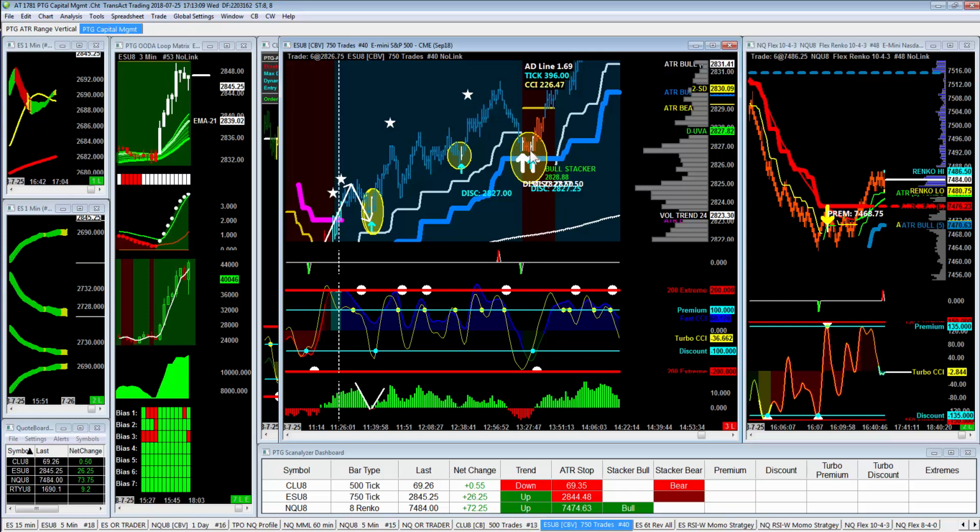Now many times what will happen is on that particular pullback in price, price will usually come down to the next ATR level, which is as I've depicted it here. It's a fatter line versus the inner one.